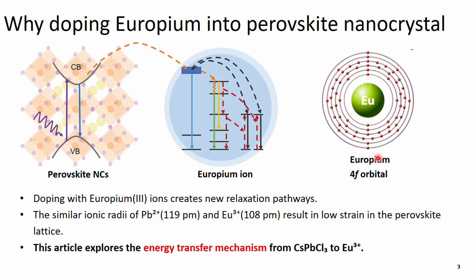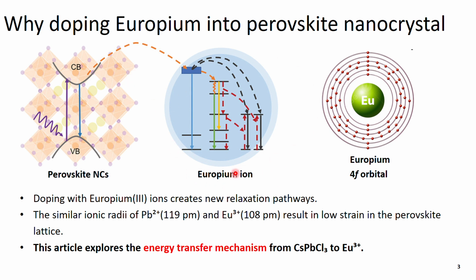So the intra transition makes a new relaxation pathway for the perovskite. We see this picture on the left. When we excite the perovskite nanocrystal, the perovskite nanocrystal may do energy transfer or charge transfer to the europium ion.